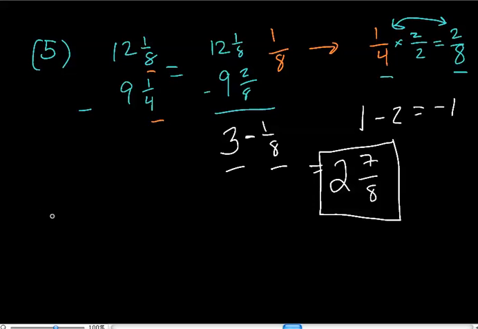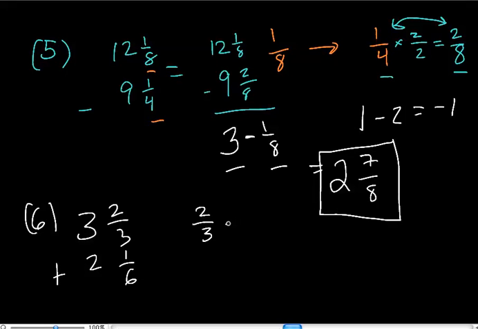Okay, the next question is number 6, which is 3 2/3 plus 2 1/6. So we're again going to analyze the fraction part. 2/3, how does that compare to 1/6? Well, if we take 2/3 and we multiply it by 2 over 2, we get 4/6.